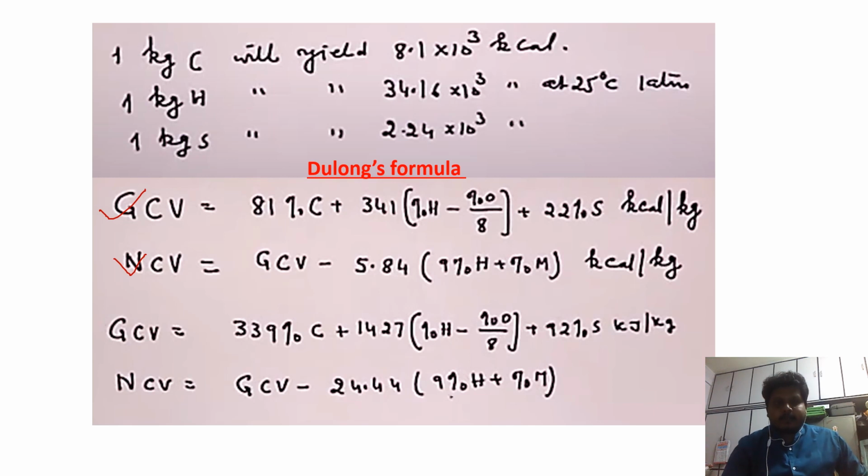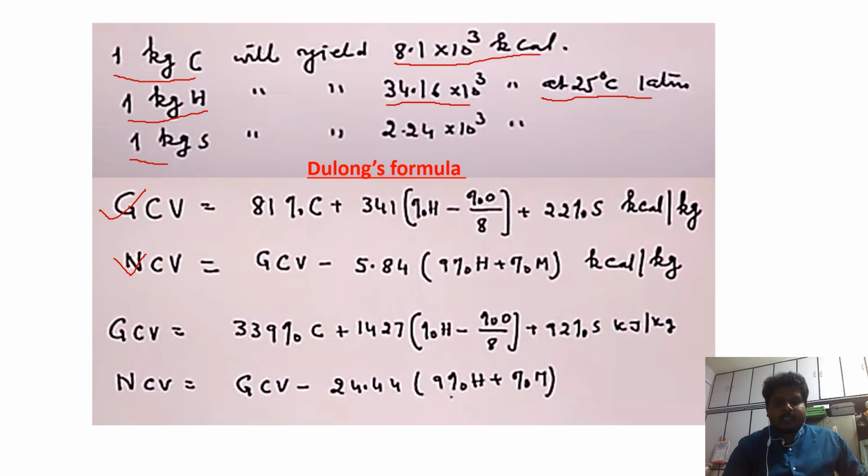Before going into detail, if you burn 1 kg of carbon, it will give 8.1 into 10 power 3 kilocalories of energy at 25 degrees centigrade and 1 atmosphere. In the same way, when we burn 1 kg of hydrogen, it will give 34.16 into 10 power 3 kilocalories at 25 degrees centigrade and 1 atmosphere.